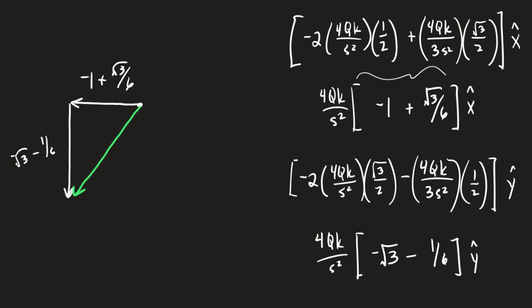I just did it like this to get to this point. So the top is just a number, whatever 1 minus √3 over 6 is. And the side is just a number, whatever root 3 minus a sixth is. And then you're going to square it, take the square root, right? So can I stop here, or do I need to continue? I leave it to you guys.